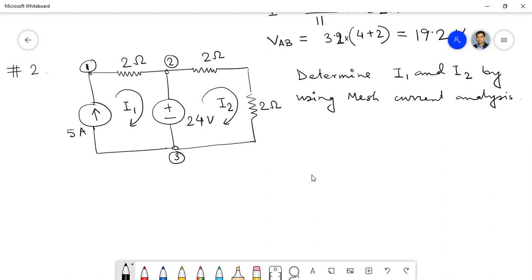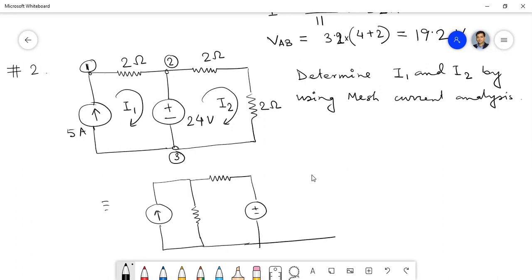So what we can do here, we can take some internal resistance, though it is not there, but we'll assume some resistance in parallel.